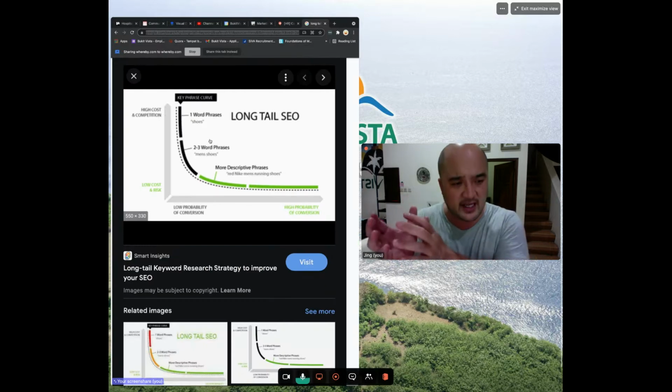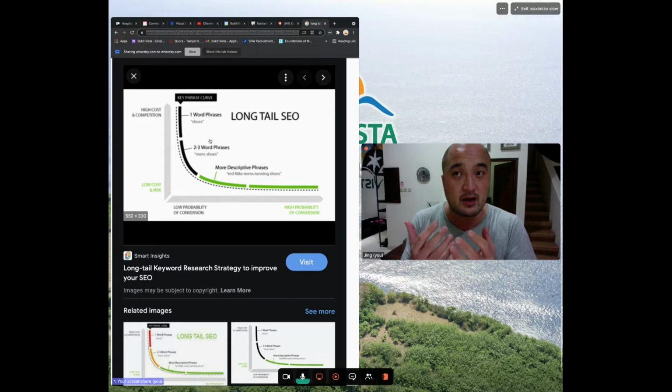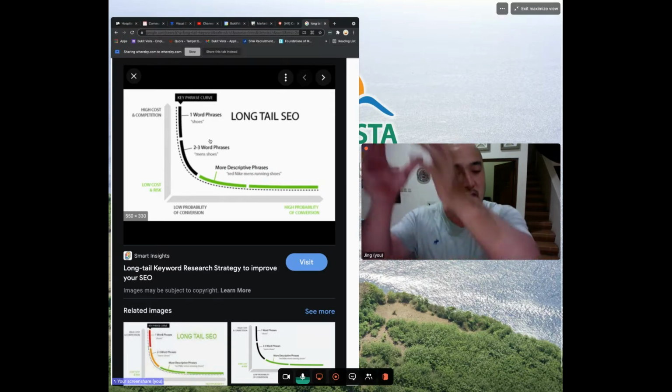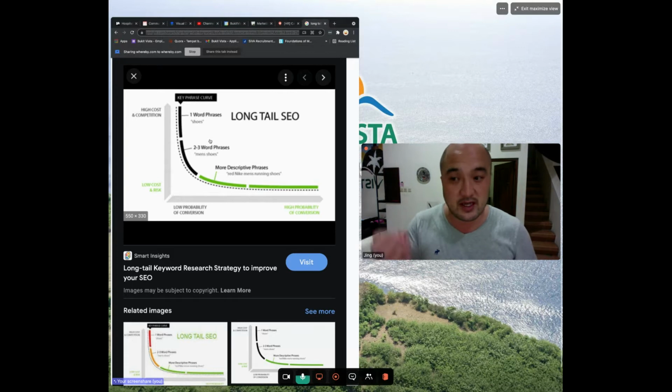If you want to win a head type keyword, it is part of your strategy to think about whether you can prioritize it and whether you have the right resources to spend to win a big keyword, like the word shoes. You've got to pick your battles, and in some cases it is probably impossible. For example, if you wanted to win the keyword Bali Villas using a website like Bukit Vista, that will probably never happen.